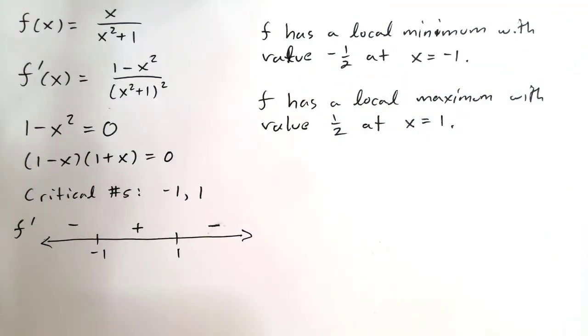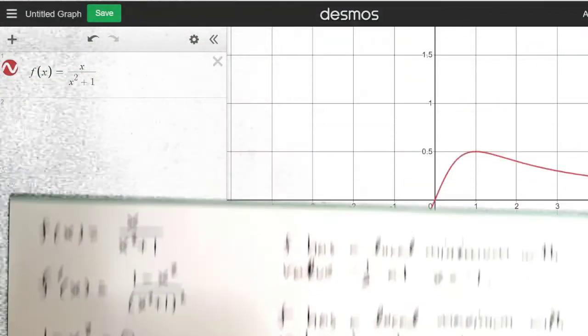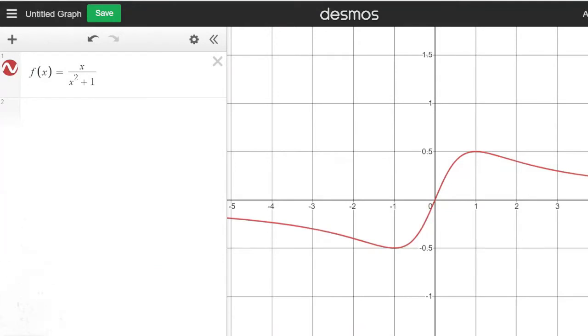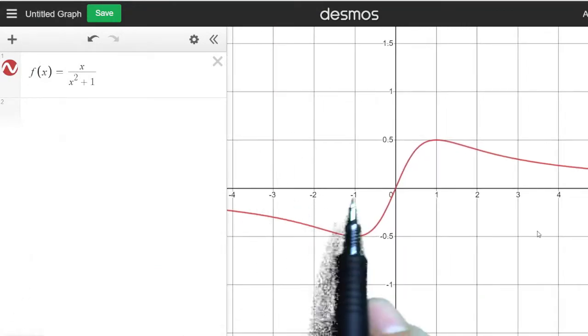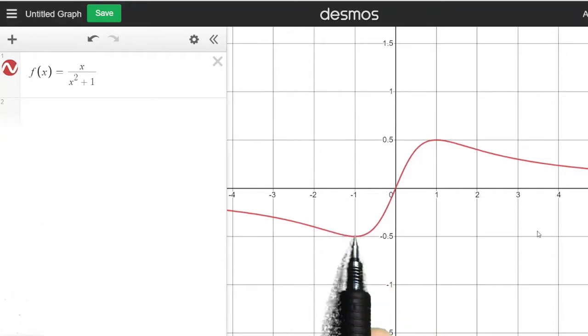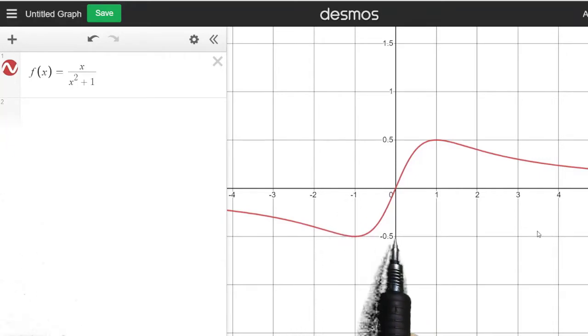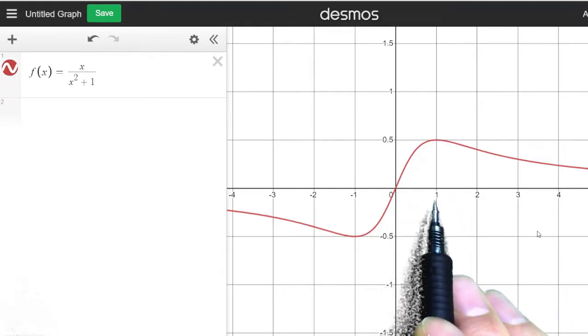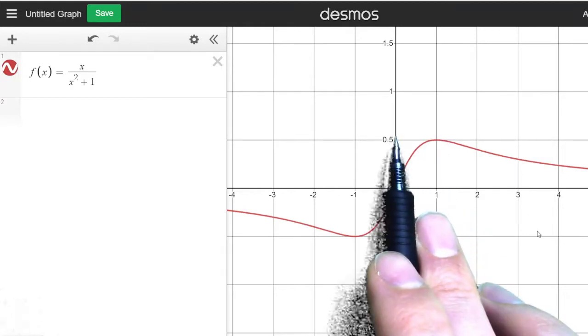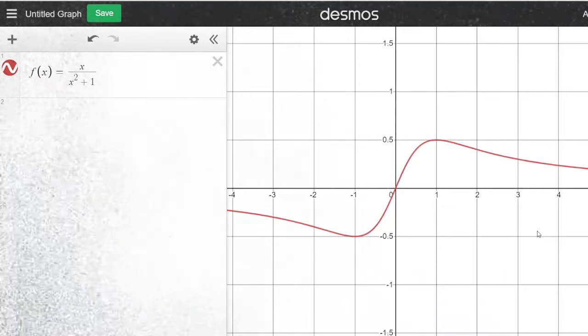And this answers the question. And let's just go look at the picture to see if this looks right. And okay, here's our graph, and we see that it has a local minimum at -1 right there, and the value is -1/2. We have a local maximum right here at 1, and the value is, sure enough, 1/2.